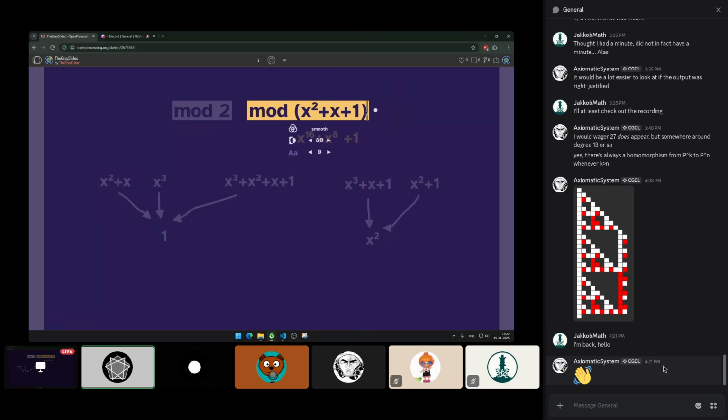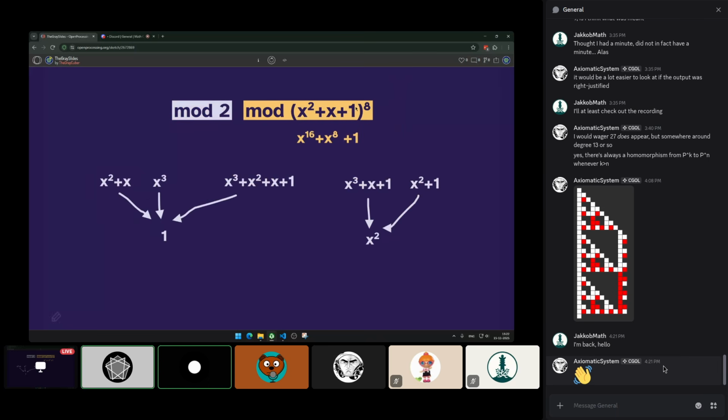Let me switch this to 8 then. Okay. I was thinking of the other way around. Thank you. This no longer squares to 1, because when we square it, the powers are not high enough to use this 16. So we need to raise it to the 8th power in order to get this 16, in order for it to cancel out.